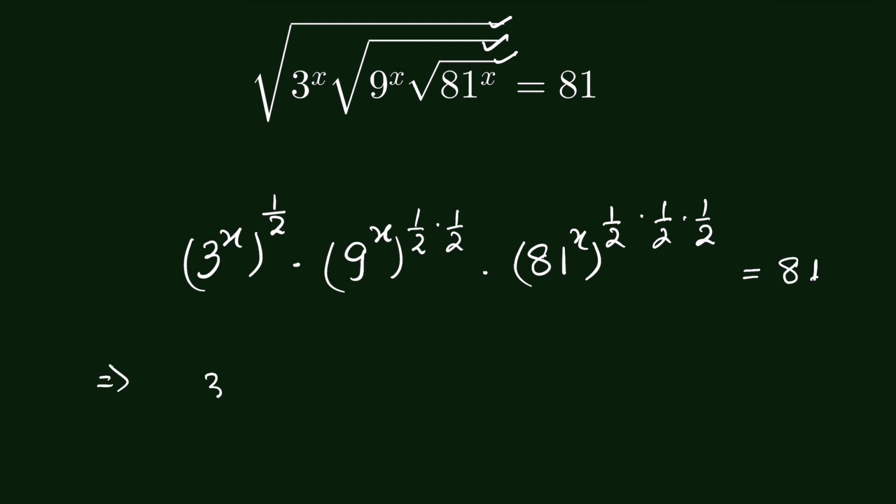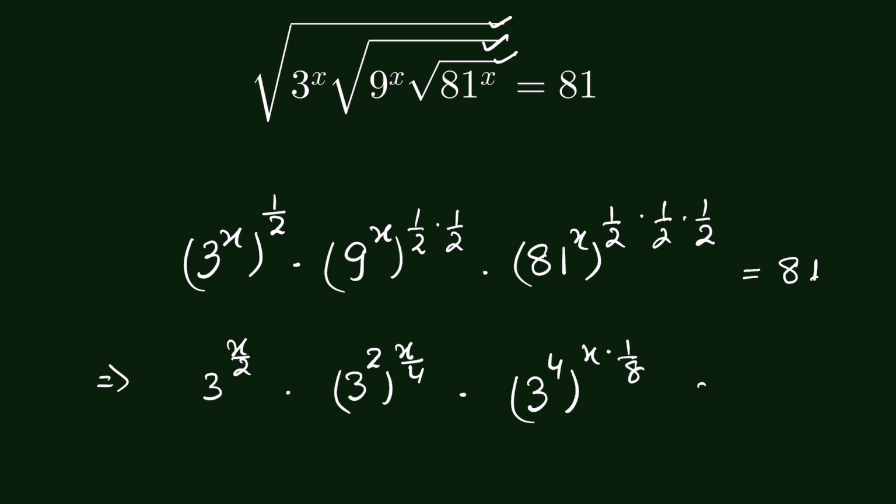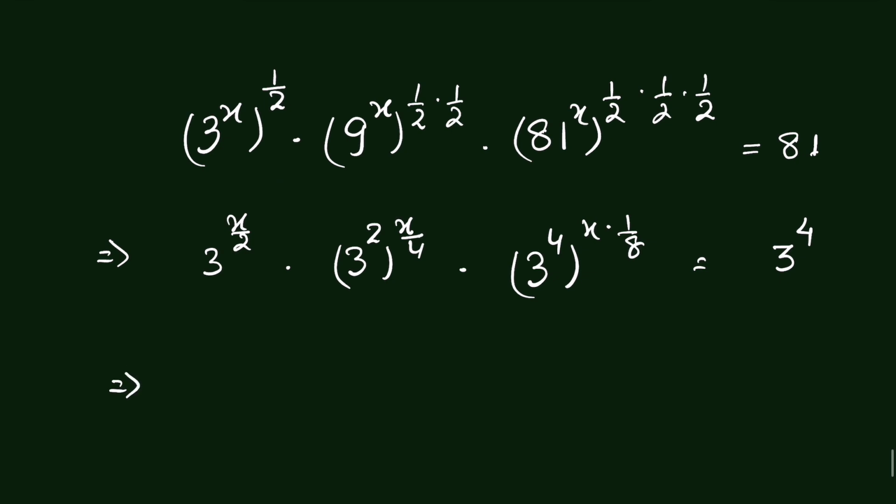Or it is 3 to the power x upon 2, times 9, we can write as 3 to the power 2, then whole to the power x upon 4, then times 81, we can write 3 to the power 4, then whole to the power x times 1 upon 8, and 81 this side we can write 3 to the power 4. Or this is 3 to the power x upon 2 times 3 to the power 2x upon 4 times 3 to the power 4x upon 8 is equal to 3 to the power 4.